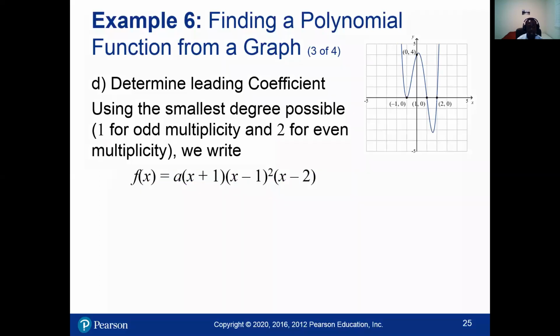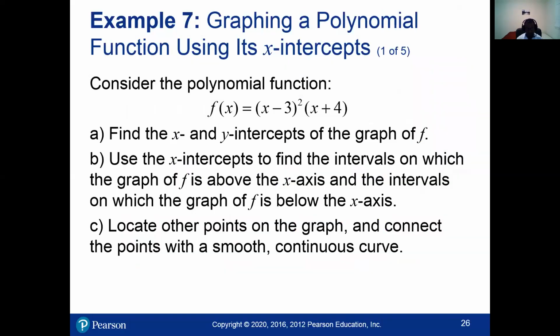Now, the last example for this section is graphing a polynomial function using x-intercepts. Given the function f of x, which is (x minus 1)(x minus 3) raised to 2 times (x plus 4). A is to find the x and y intercepts for the graph of the function.